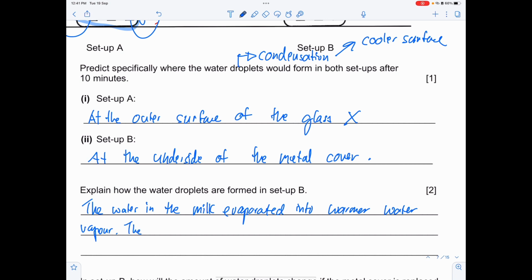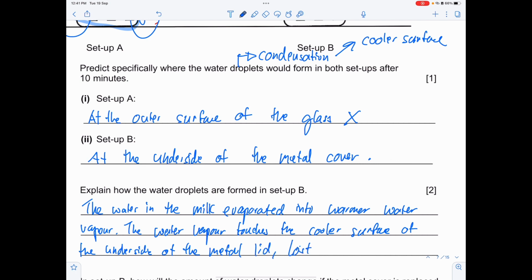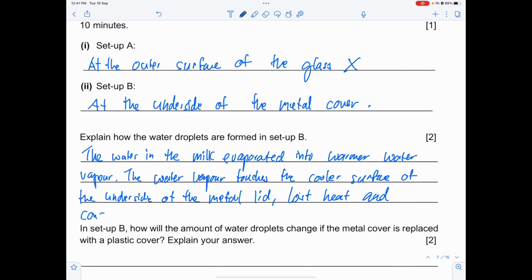The water vapor touches the cooler surface of the underside of the metal lid, lost heat, and condensed into water droplets. Okay, there you have it.